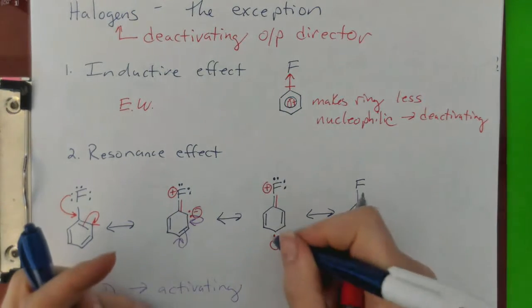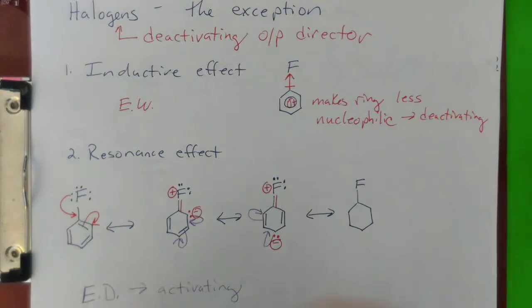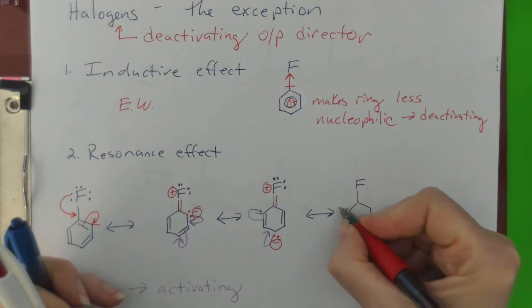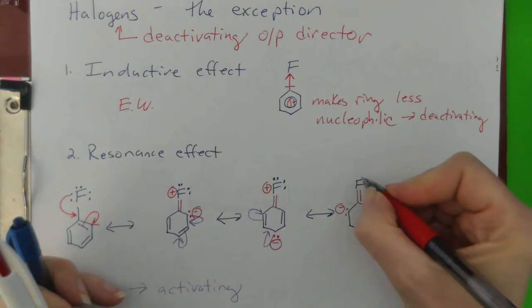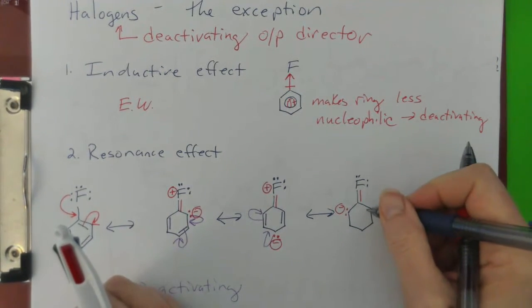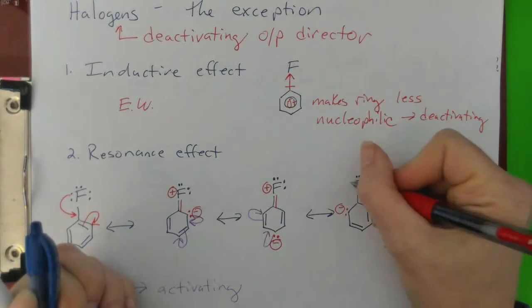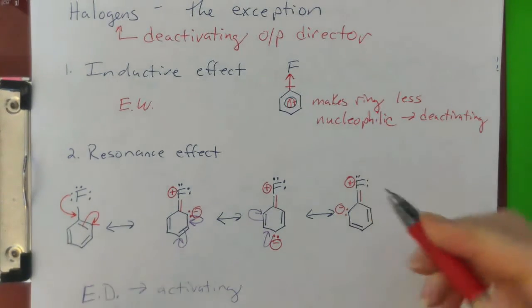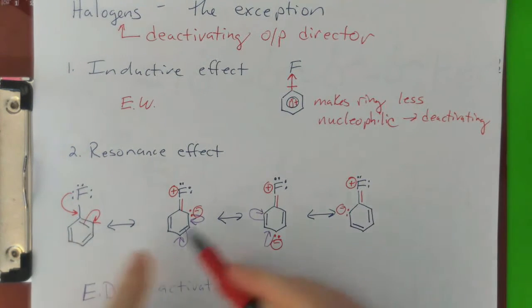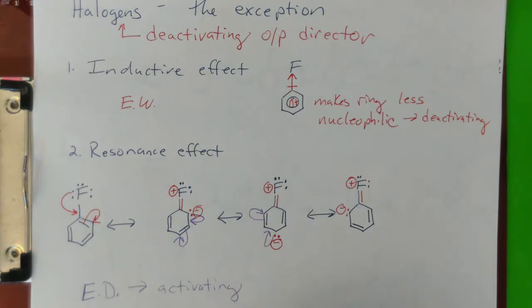And then if I move this pair of electrons here, I'm going to bump these up over here. And always checking to make sure that there's no formal charge here, net charge 0, net charge 0, net charge 0. Okay, let's draw one more.